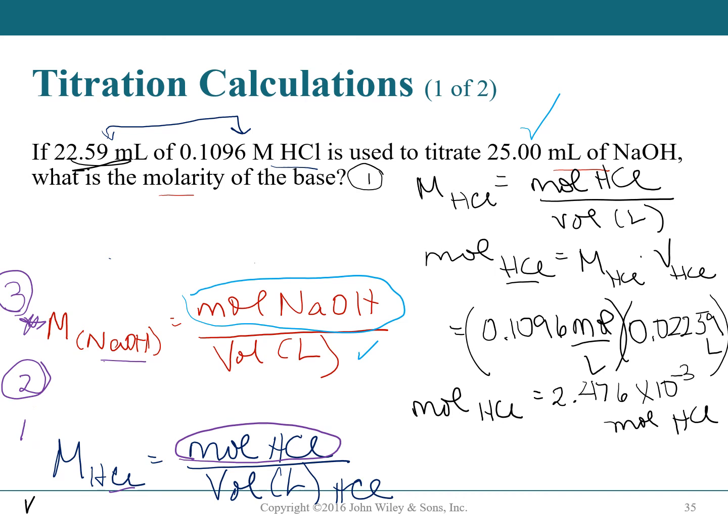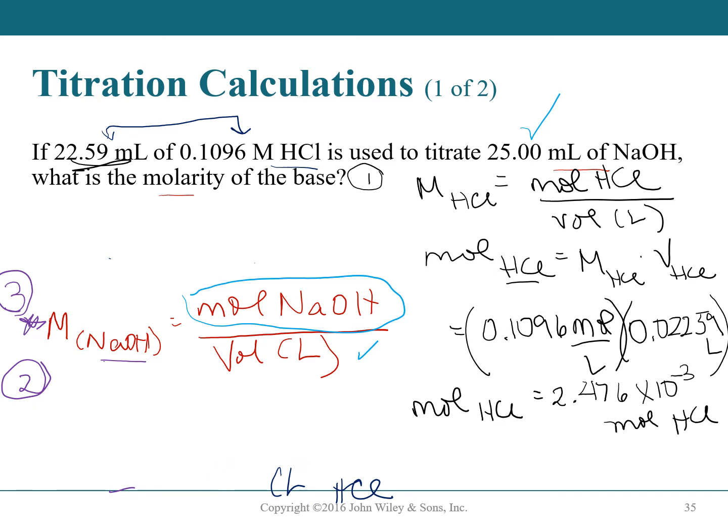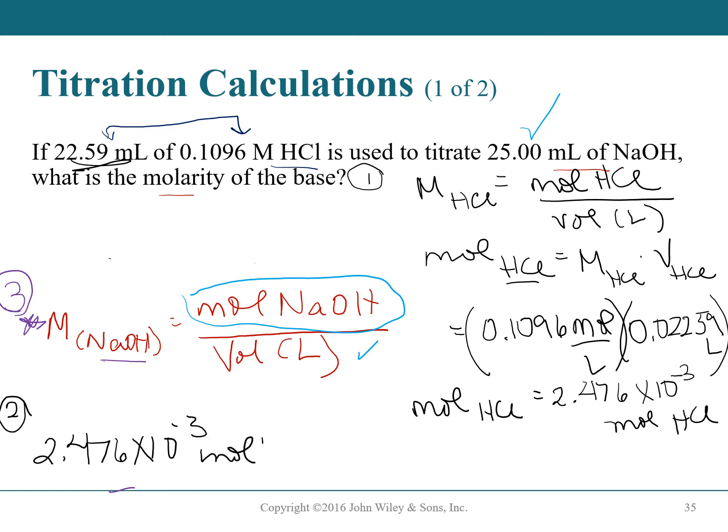Now for step 2, we needed to do our mole-to-mole. And the good part is it's 1:1. So this is step 2: 2.476 times 10 to the minus 3 moles of hydrochloric acid.